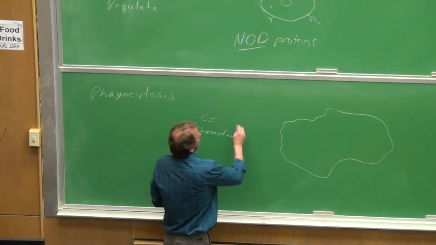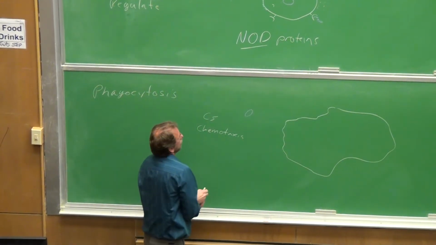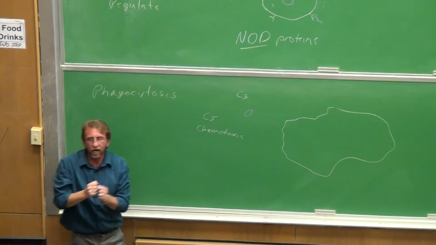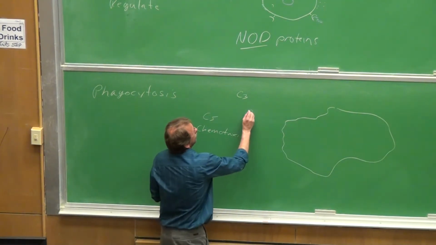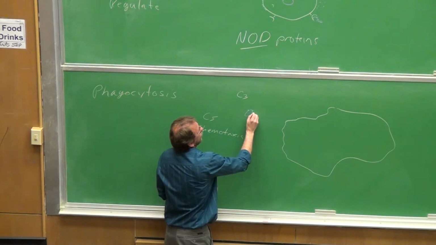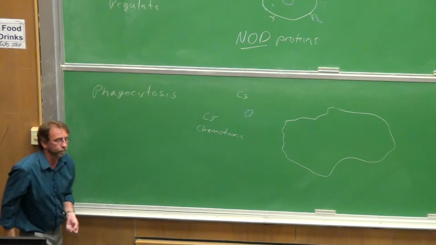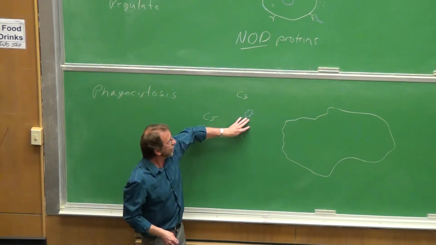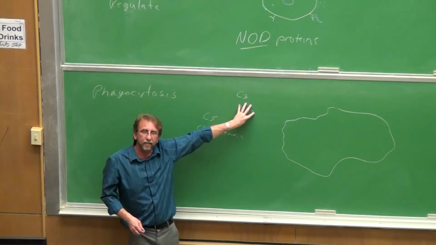In addition to that, part of this cascade is that you have a complement, C3, that will bind to bacteria cells now. This complement has been activated and it starts to opsonize the bacteria. This now has been marked so that the macrophage can recognize it and engulf it.